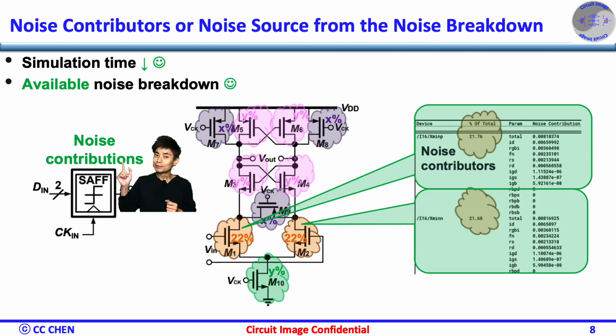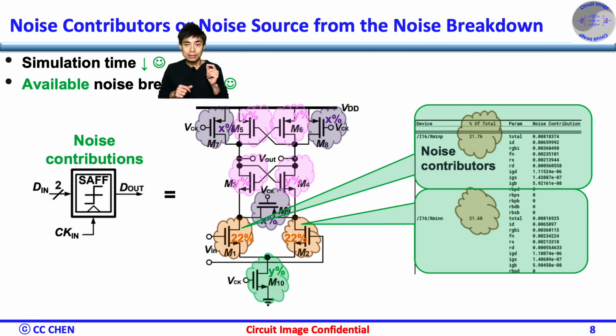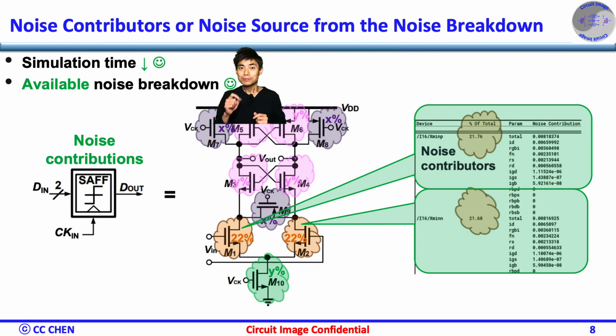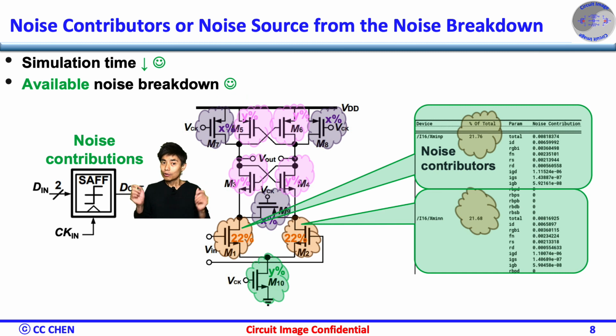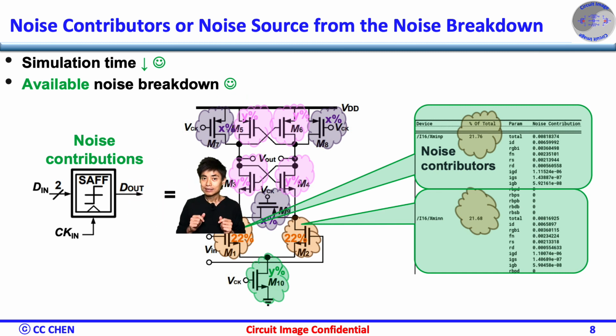Right, the beauty of the PSS plus Pnoise is that it not only speeds up the simulation time, but also provides a noise breakdown such that we can identify the dominant source from the noise contributor list.